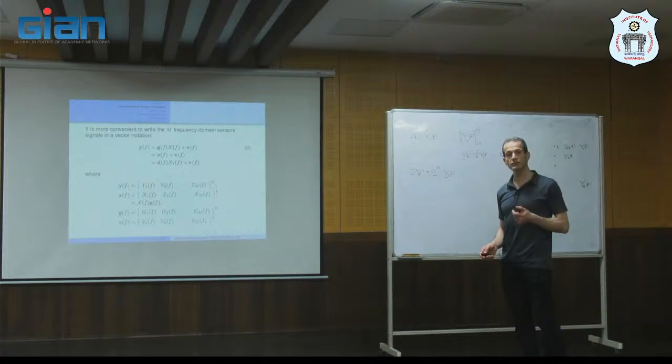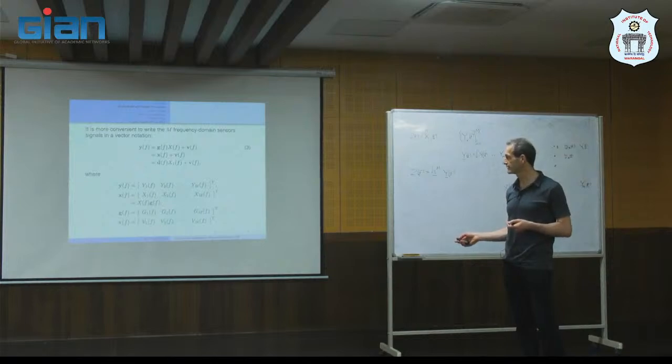Another advantage, another reason that we want to write it like that. You see, G is the transfer function from the source to each of the sensors. D is the relative transfer function.